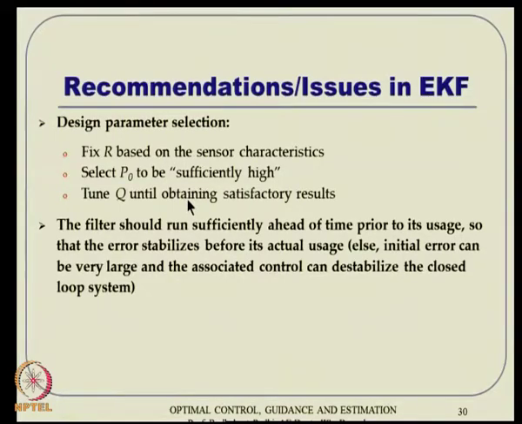And again, the filter should run sufficiently ahead of time prior to its usage, so that the error stabilizes before its actual usage. Otherwise, the initial error can be very large, and the associated control and guidance can go bad and destabilize the closed loop system. This is a small comment, but it is very critical for practical application.